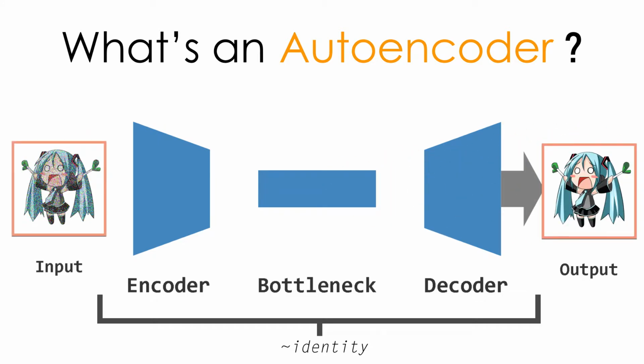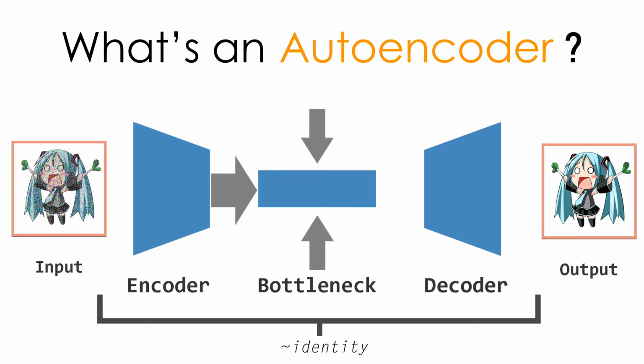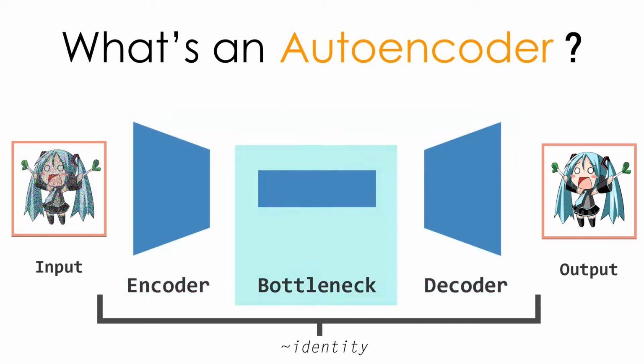This means that the information contained in the input is compressed by the encoder to fit into the bottleneck, and then the decoder tries to read the compressed information and rebuild the original input. In other words, if we manage to build this autoencoder, we can read the information in the bottleneck, also known as the latent space, and get a compressed representation of our input. This can be very interesting for many applications.